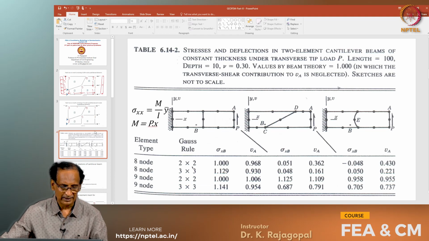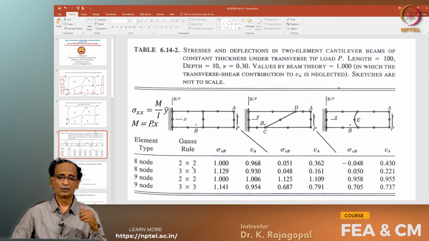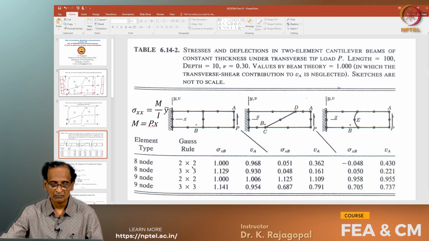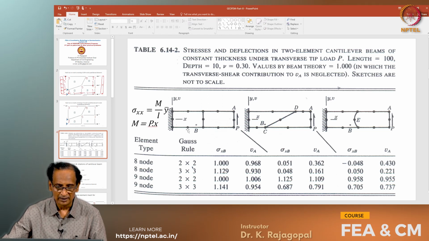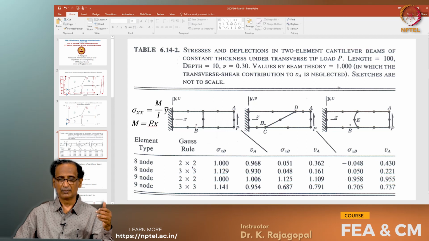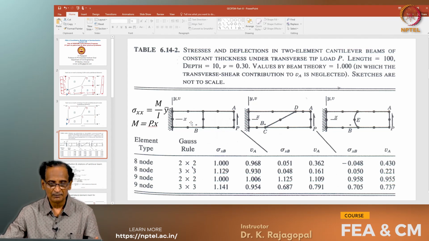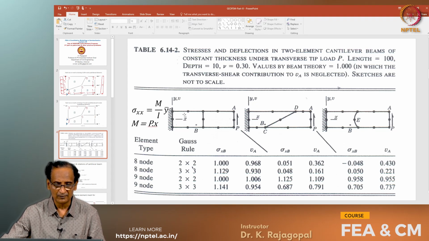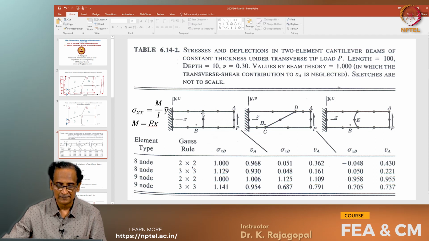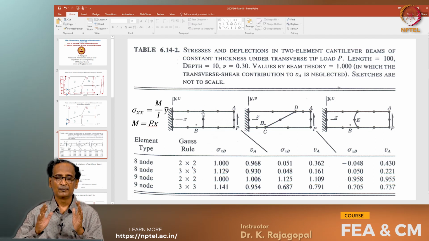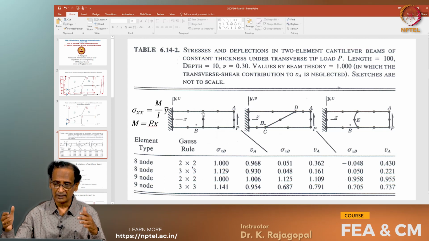And in the previous class, we had also seen the influence of the type of element and then the order of integration. And so, this particular one is from the textbook by Cook, Malkus and Plesha, where the influence of the type of element, 8 node quadrilateral or 9 node quadrilateral, and whether you have a rectangular element or a distorted element, what difference it makes.